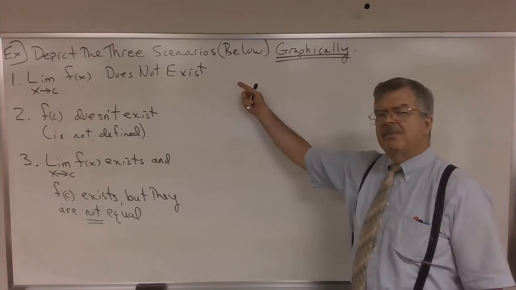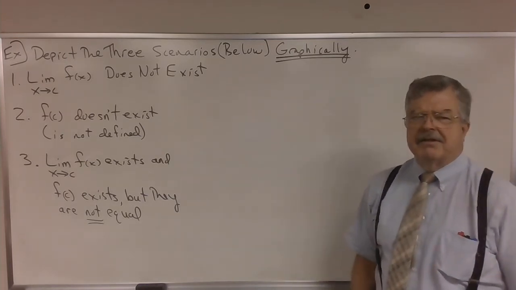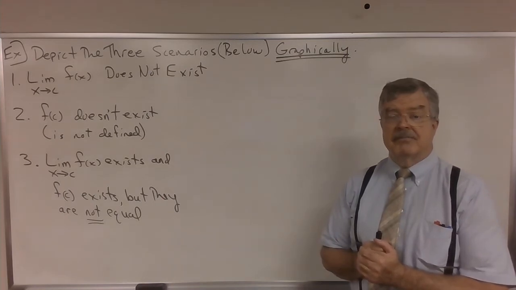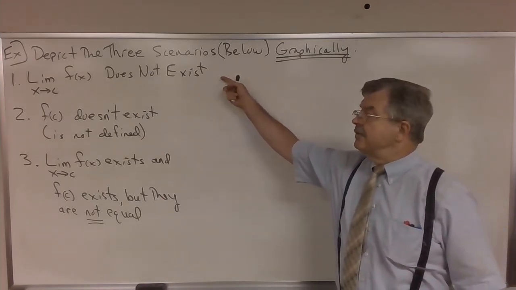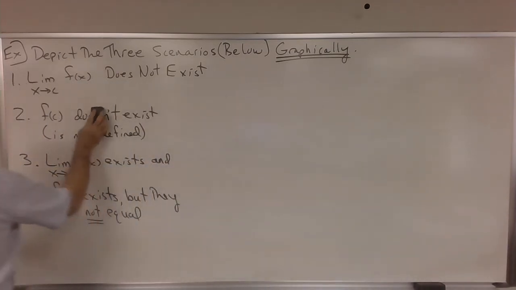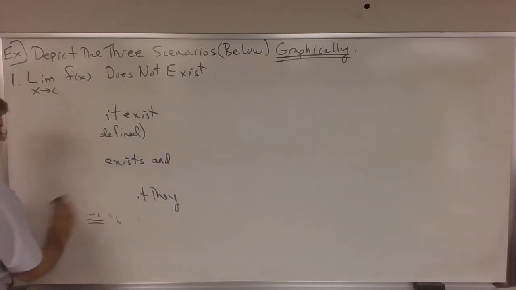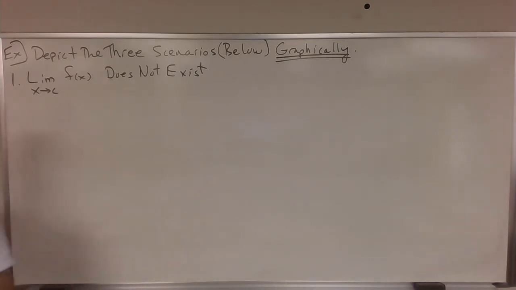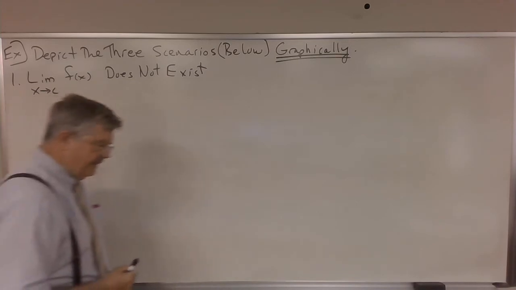Let's look at each one and see what it indicates about the graph of f of x. And we'll start with this one. The limit of f of x as x approaches c does not exist.